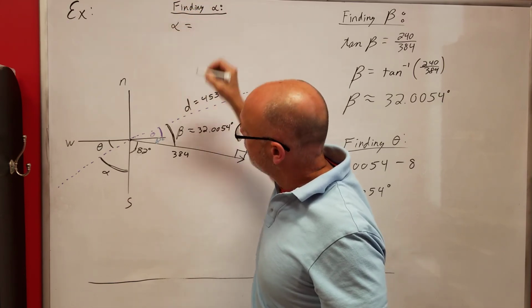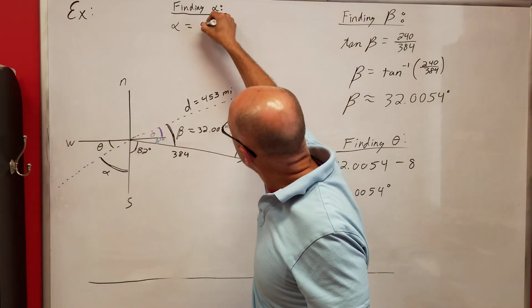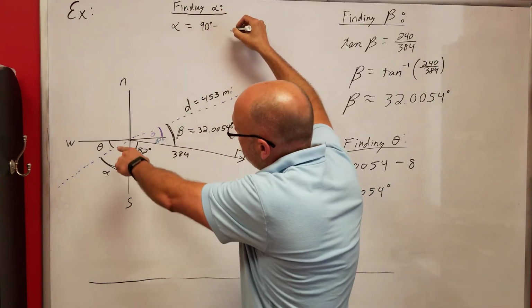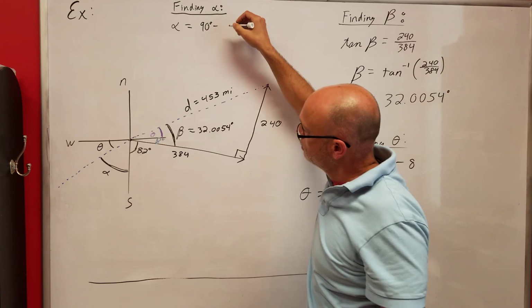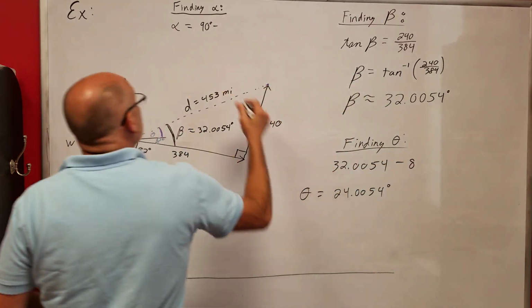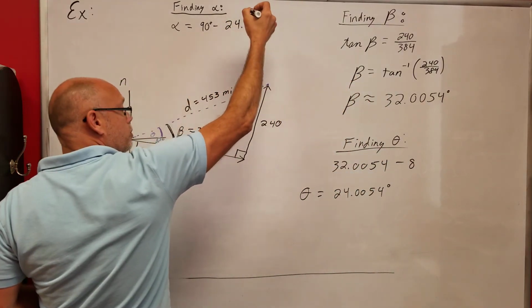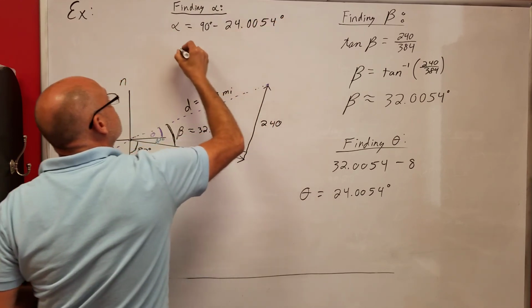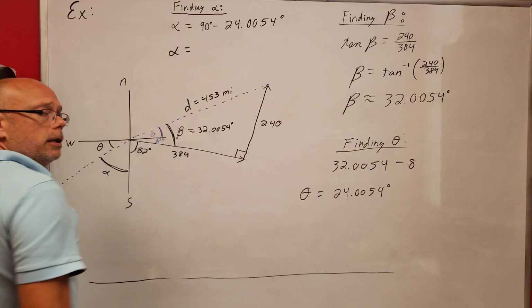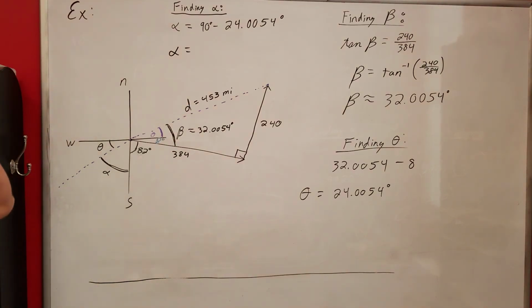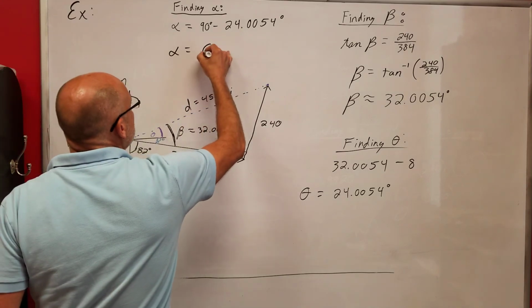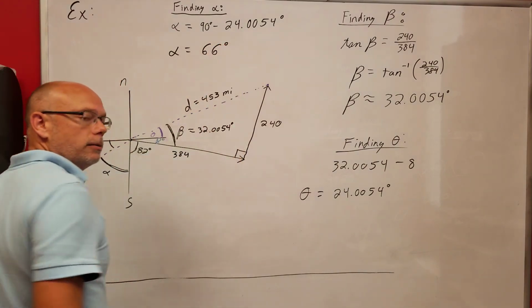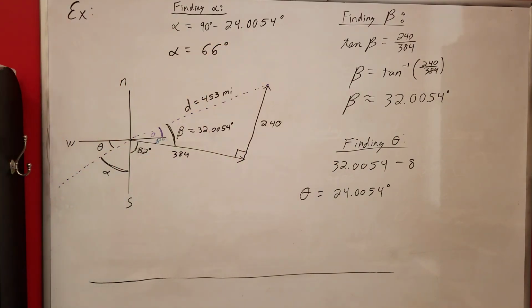How do I find alpha? Alpha is equal to 90 degrees minus theta, which we said was 24.0054 degrees. Let me go ahead and round it to the nearest whole number here, because this is my last calculation with it. And what do you get? You get 66 degrees, right? Now, what does the problem tell you to do?